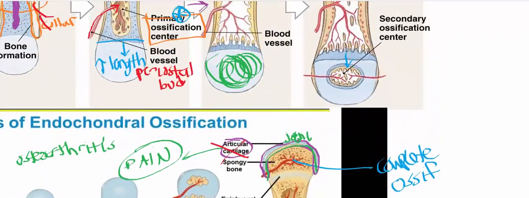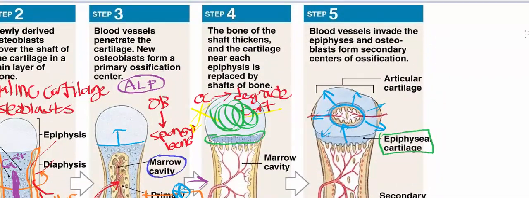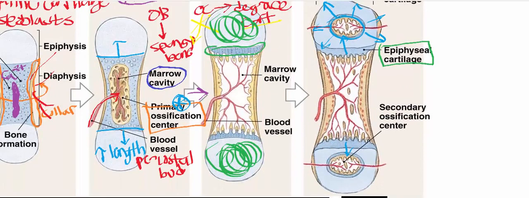Okay? But hopefully you have a little bit of an intuition on how these things occur. What's essentially happening is you have the chondrocytes that synthesize the cartilage, and then eventually you form an ossification center, like in the case of the primary ossification center, where you have degradation of the hyaline cartilage by osteoclasts, and then you have the synthesis of bone tissue.